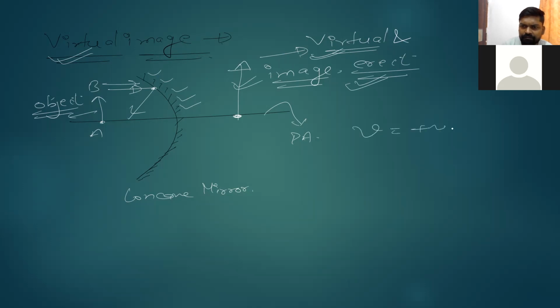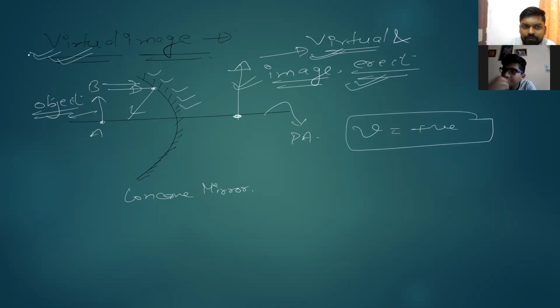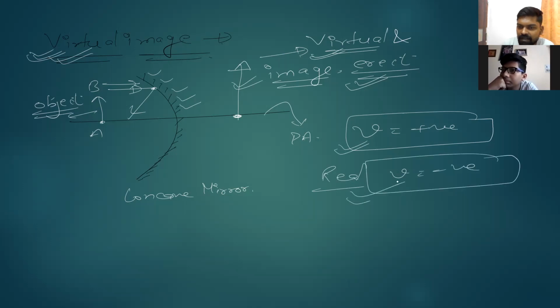So we will take v as positive for the virtual image, and for a real image we will take it as negative. Is this clear or not? So remember these two things. V is positive for what?